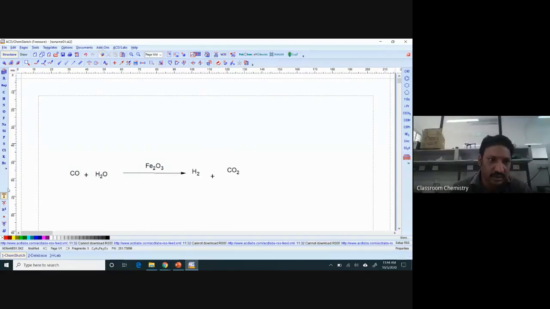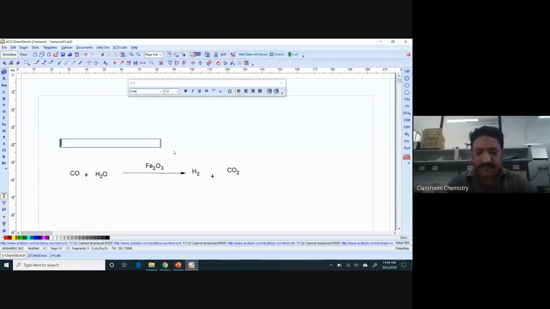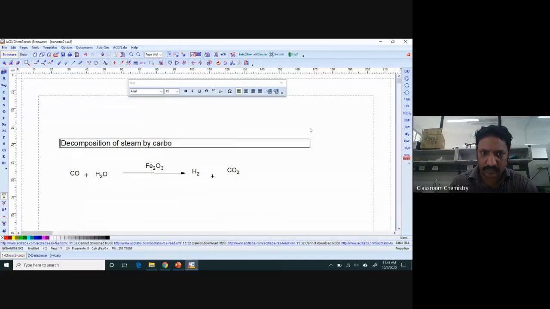Okay, so I'm writing here: decomposition of steam by carbon monoxide in presence of ferric oxide.